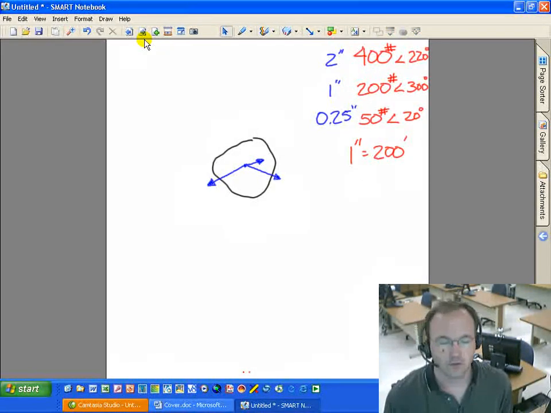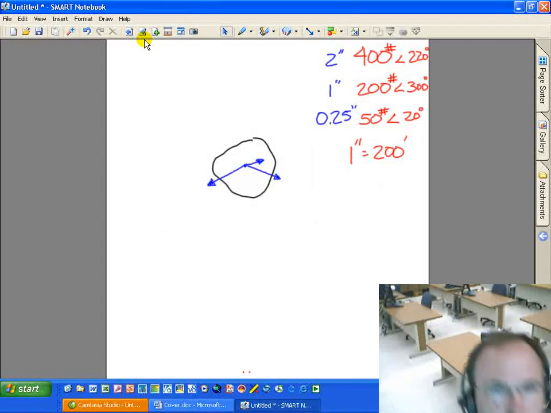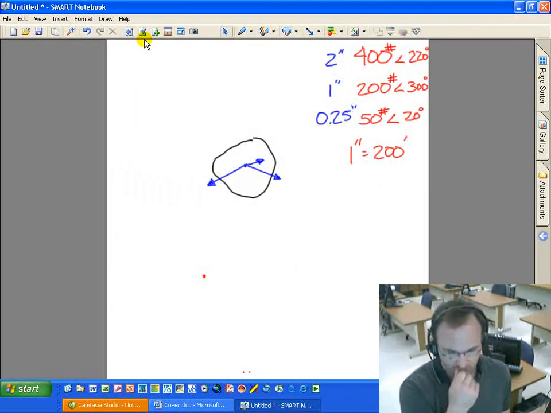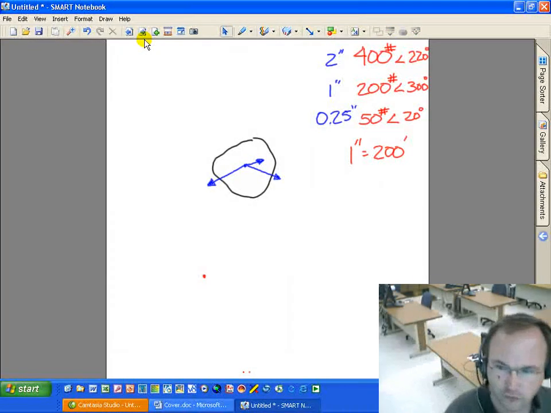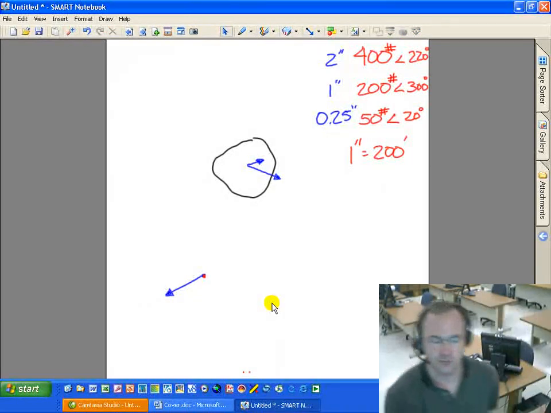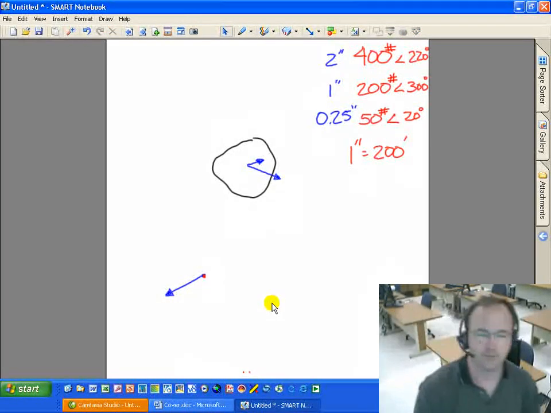Now, what can I do to determine the resultant of these forces? I'll set a point, and we do what's called the tip-to-tail method. So I'm going to take the first force, the 2 inch, and I draw it right at that point, at that length, which would be 2 inches long, at that angle.